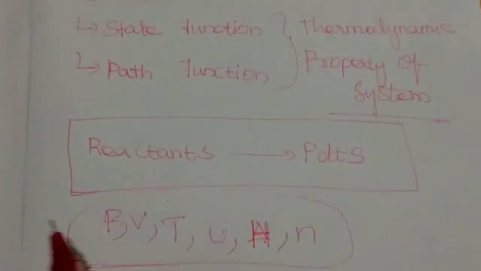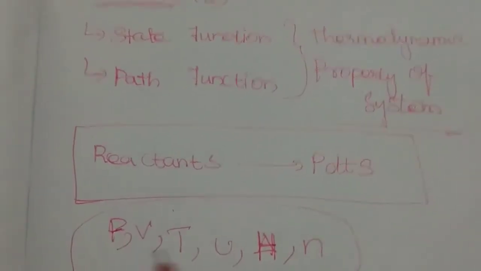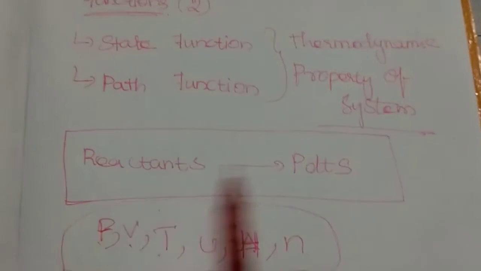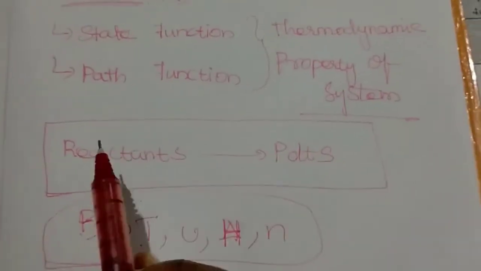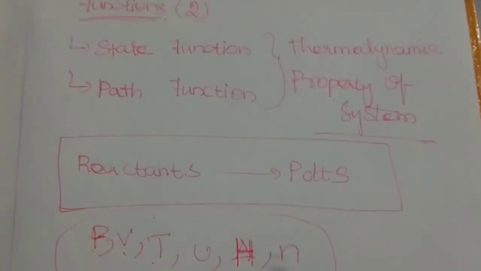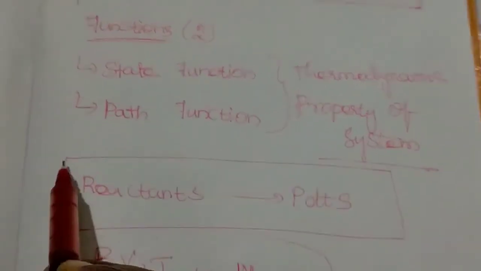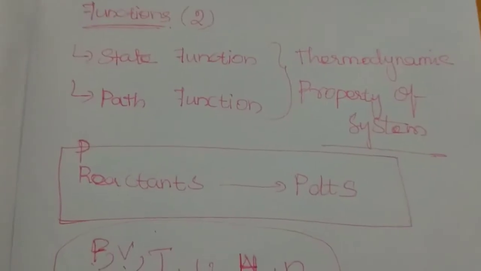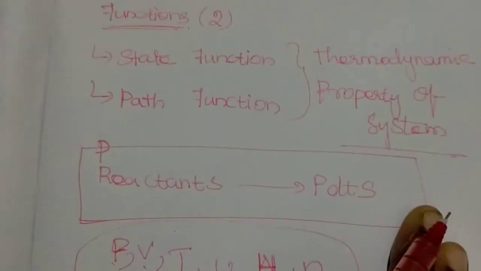Now consider measuring pressure, volume and temperature from reactant to product. You can realize that throughout the process, pressure does not depend upon the path of the reaction.